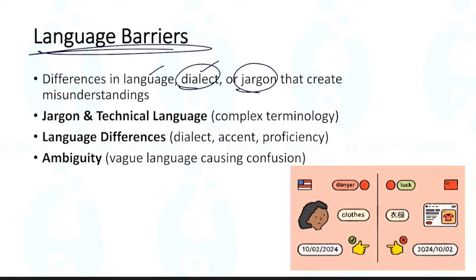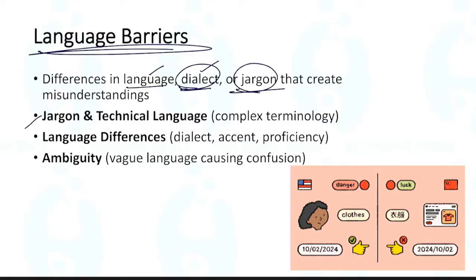Instead, if we use layman language, that is blood pressure, to make them understand that their value of blood pressure is so and so. So the use of different languages, dialects or jargon can create misunderstanding between two individuals or two backgrounds. So that becomes a major one.